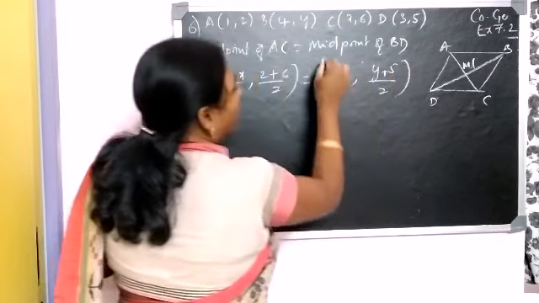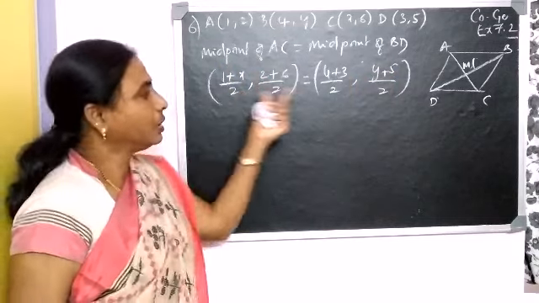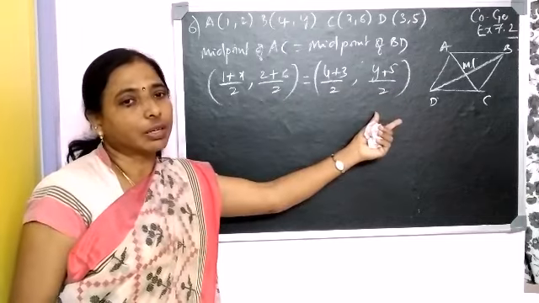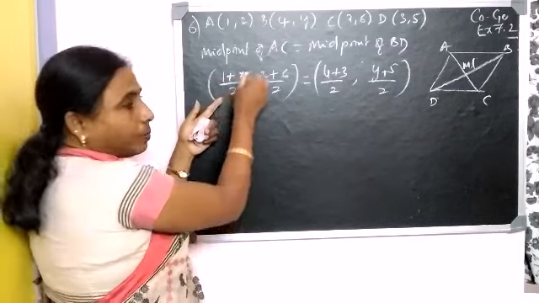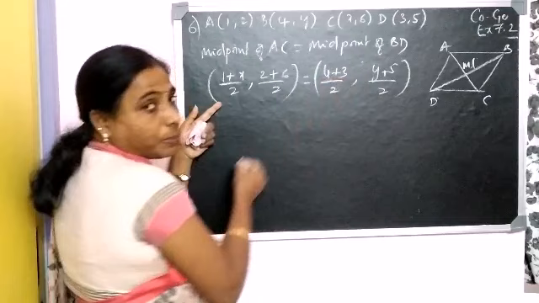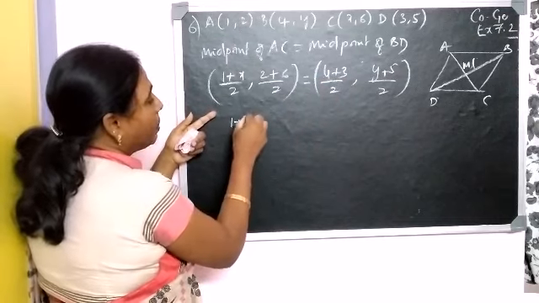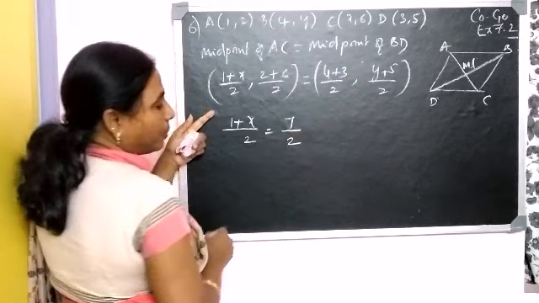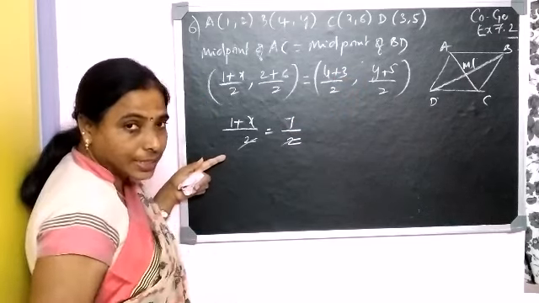Okay. Now let us take first the first coordinate and then the second coordinate. So (1 plus x) by 2 is equal to (4 plus 3) by 2. Therefore (1 plus x) by 2 is equal to 7 by 2. 2 and 2 cancelled.